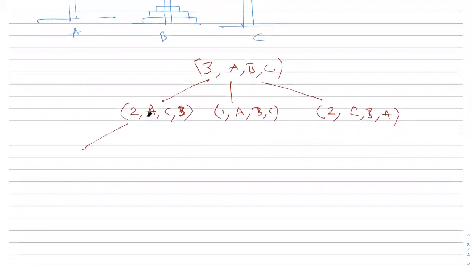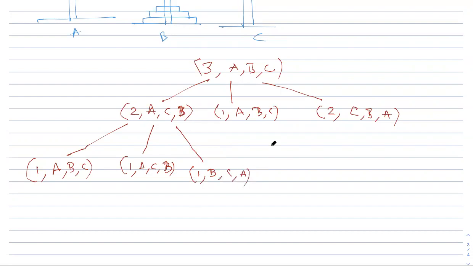So this is again greater than 1 here. So this gets further broken down, right? So this becomes 1. Where are we sending? This goes from A to B using C. And this remains 1 comma A comma C comma B, moving that large one, and then moving 1 from B to C using A, right?